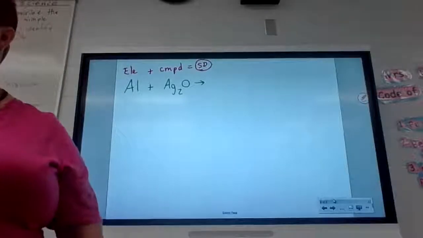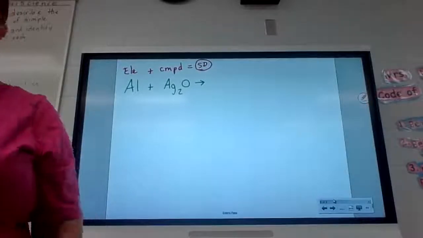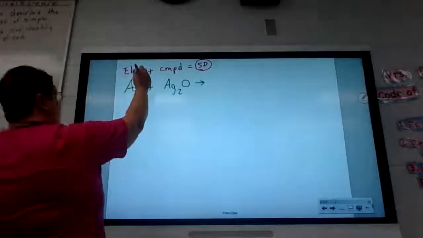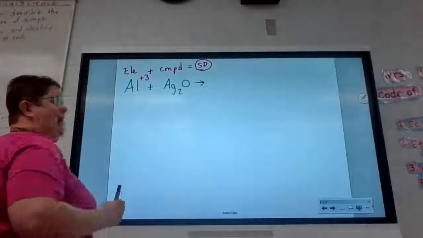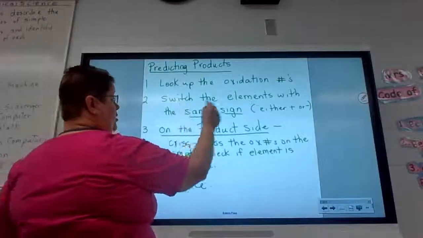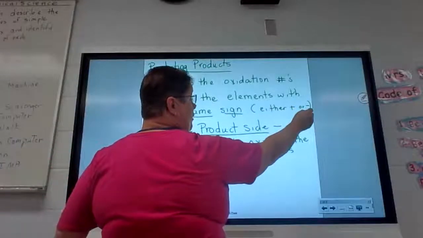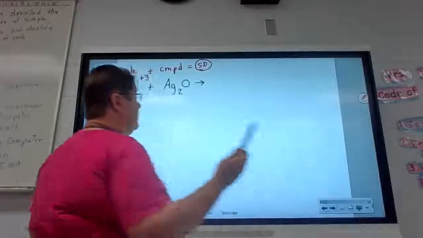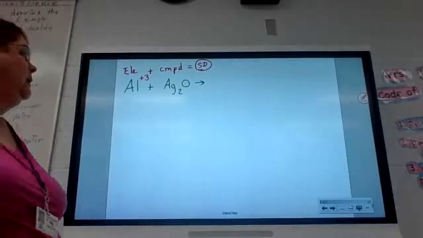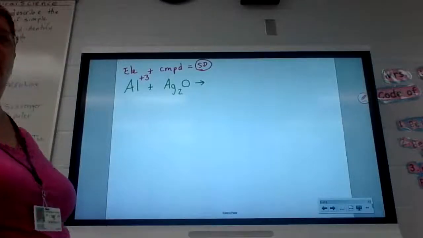So step 1 is to look up the what? Find the oxidation numbers. What's aluminum? +3. And it's important to know the positives and the negatives because step 2 said we were going to do what? Switch the ones that are either positive or negative. So this time I'm going to write the pluses and the minuses because I got to know who I'm switching. Okay? So silver is what?